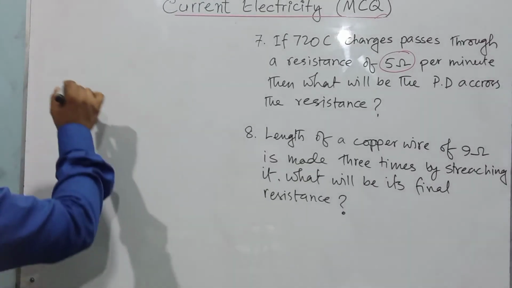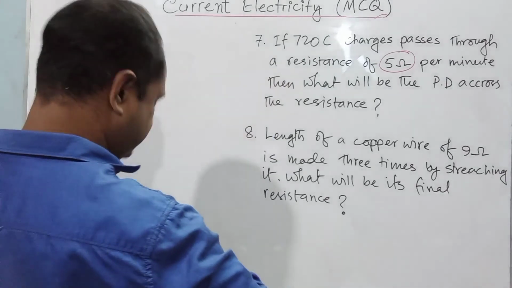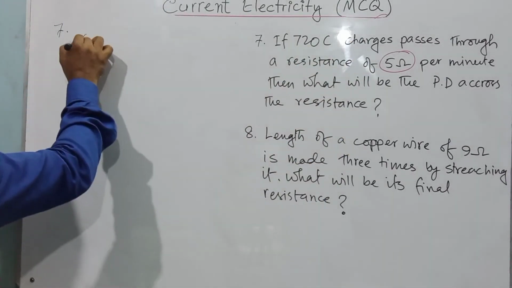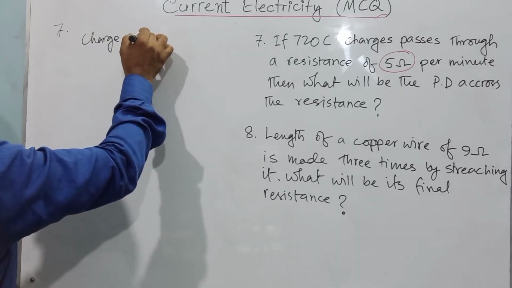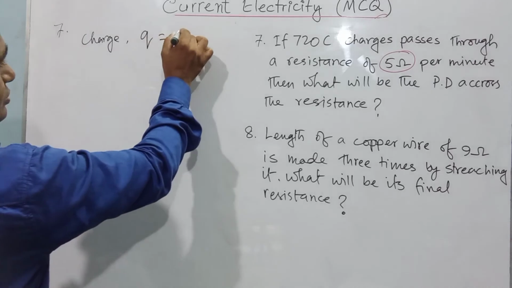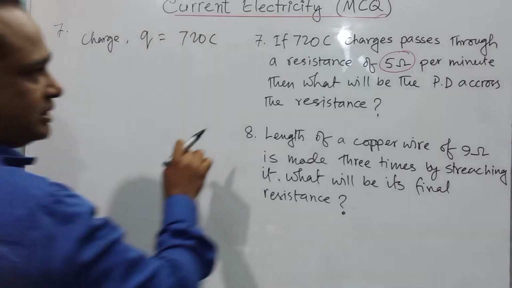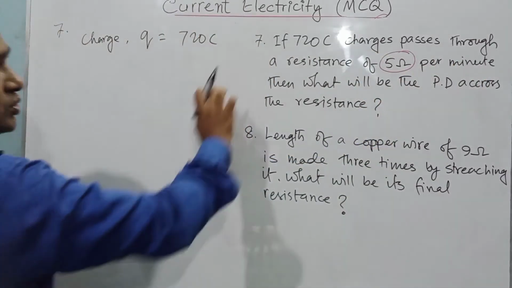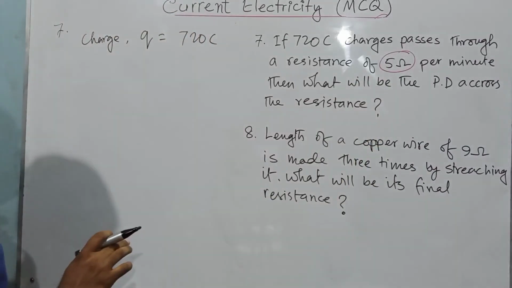Dear students, to calculate current, here the charge which passes through the conductor is given. So charge is denoted by Q. Q is equal to 720 coulomb, and the required time is per minute, that is 720 coulomb charge passes through the wire in 1 minute.